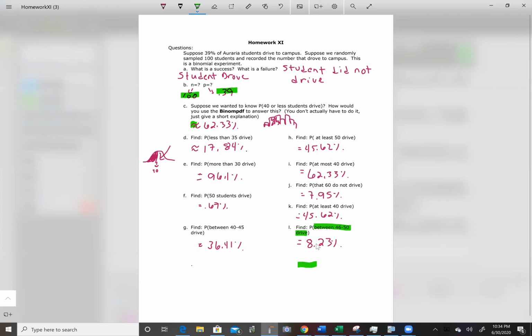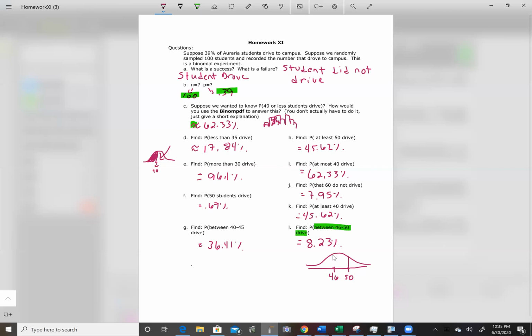So if I'm looking at the distribution, right? So we have our curve or whatever. It's more like a histogram, but it's easier to draw a curve. I have this distribution, and let's say that 46 is here and 50 is here. I can use the calculator only to find the left-hand side, right?